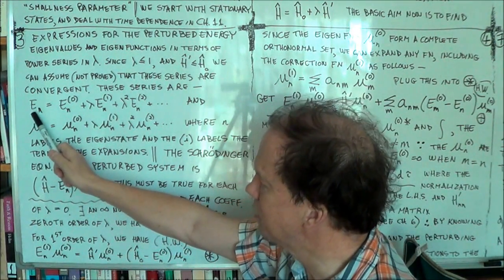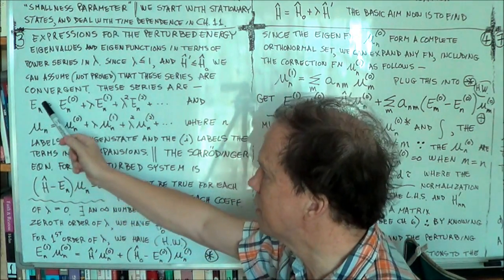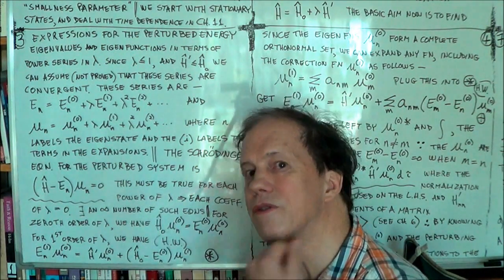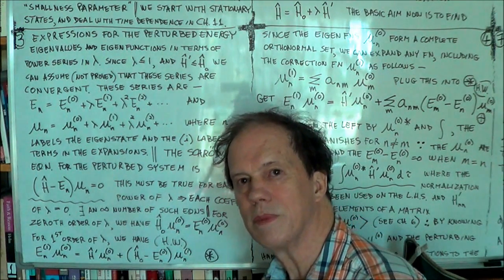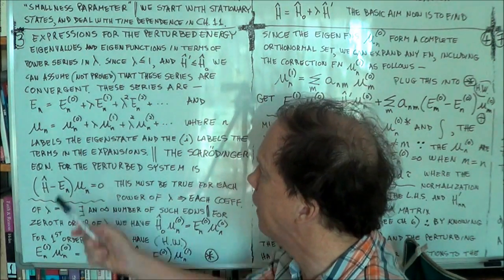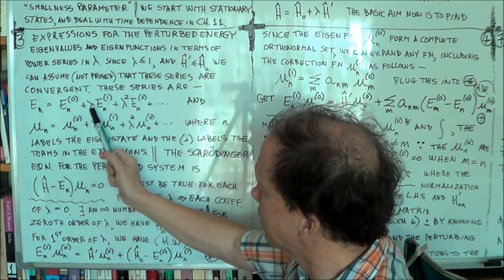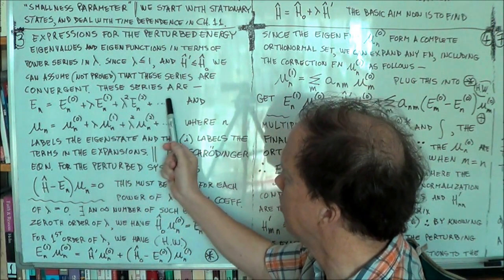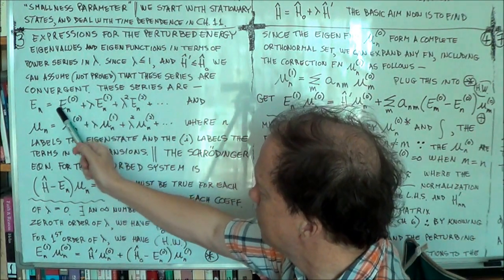Now similarly with the eigenvalues and the eigenfunctions. So here is your corrected, your perturbed eigenvalues, the eigenenergies that result from adding the extra term, the small correcting term if you like, to the Hamiltonian. And you assume it's of this form. So it's just a power expansion in terms of lambdas, right? Lambda squared, lambda cubed, and so on.